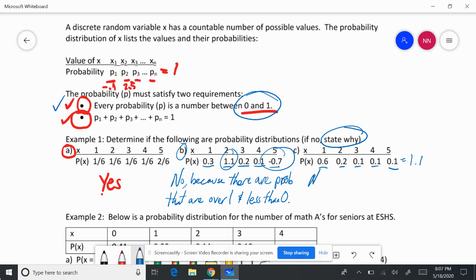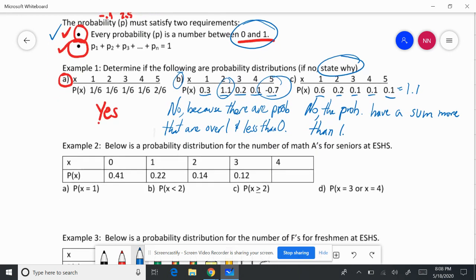So the answer is no. The probabilities have a sum more than 1. So that's how we determine if the probability distribution is reliable or not.